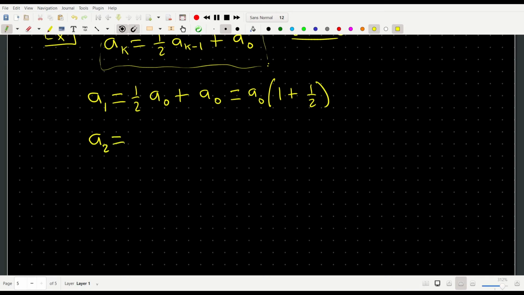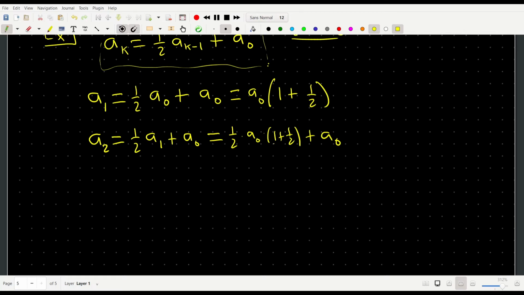So a_2 is going to be 1/2 a_1 plus a_0, and a_1 is a_0 times (1 plus 1/2). So this will be 1/2 times a_0 times (1 plus 1/2), plus a_0, which I can distribute the 1/2.